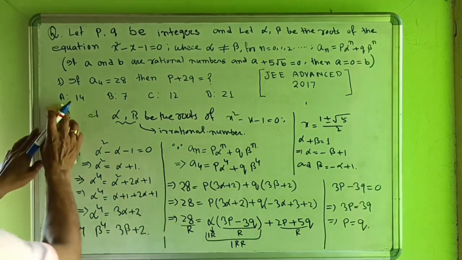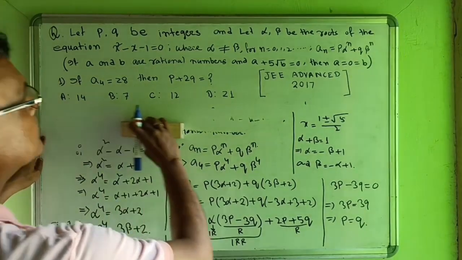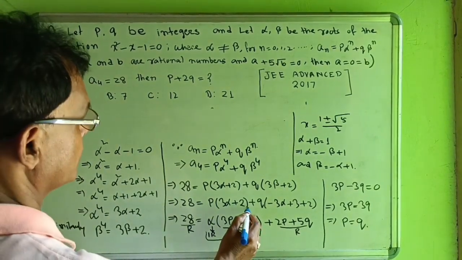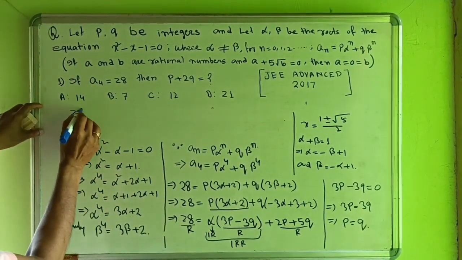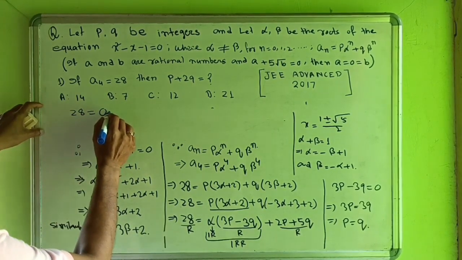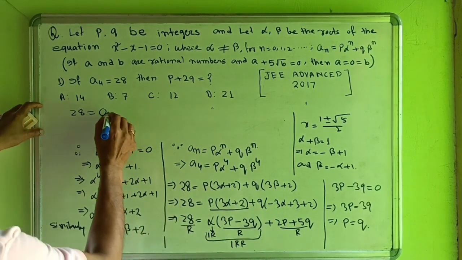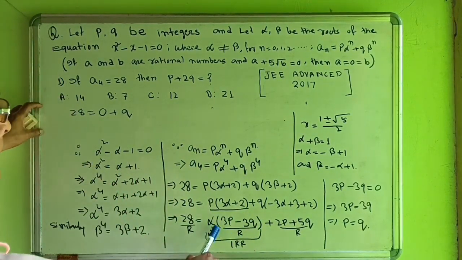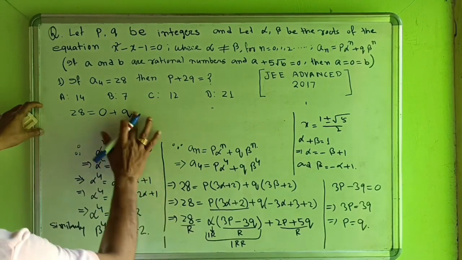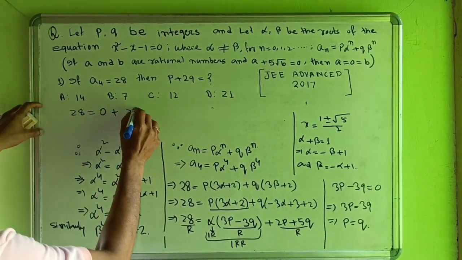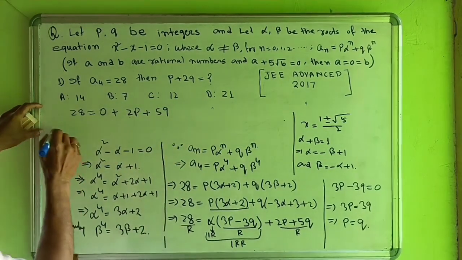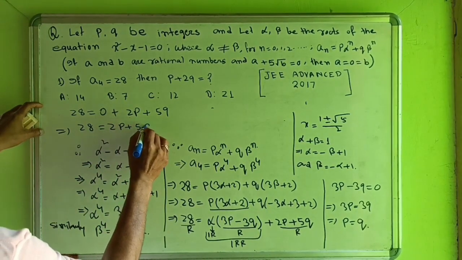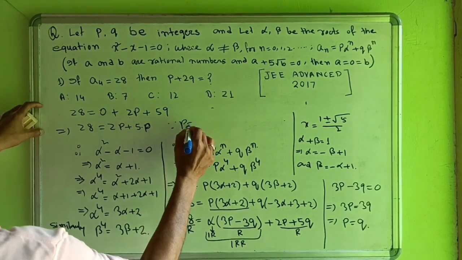Now, after this, if we put this term equal to 0, then we get 88 is equal to 0 plus twice p plus 5q, that is p, since p is equal to q.